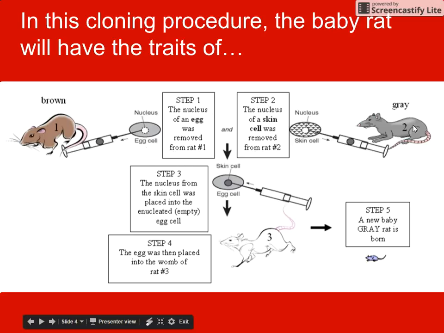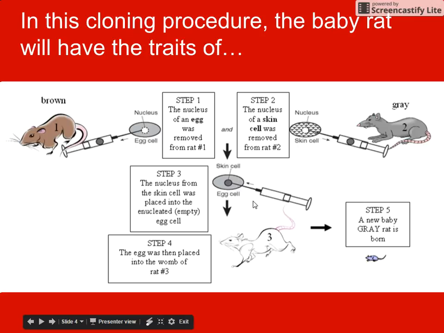For the gray rat, rat number 2, a skin cell was taken, and the nucleus of the skin cell was removed. Again, with the nucleus goes the genetic information, or the DNA. Then in step 3, the nucleus from the skin cell, which has the DNA of rat number 2, was put into the egg cell of rat number 1.